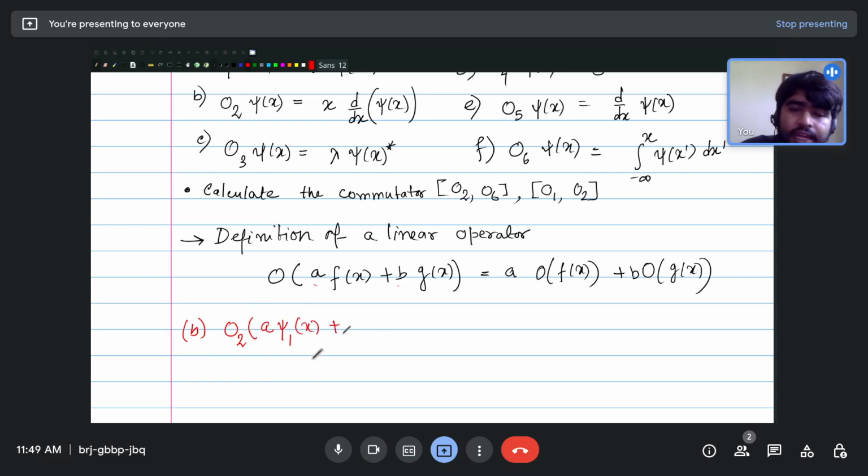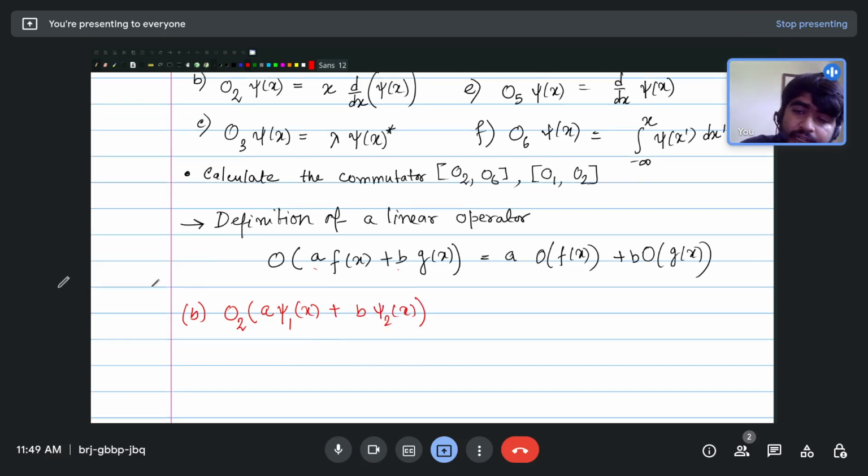You are free to take any combination that you want. A and b are again complex numbers, so let me write it here: a, b belong to the complex numbers. And chi 1 and chi 2 are square integrable functions, which is denoted by L2.